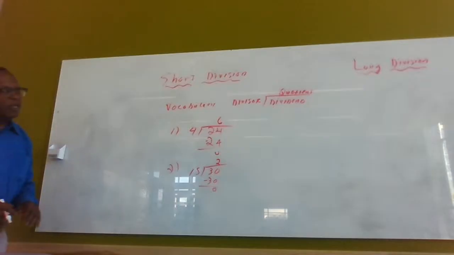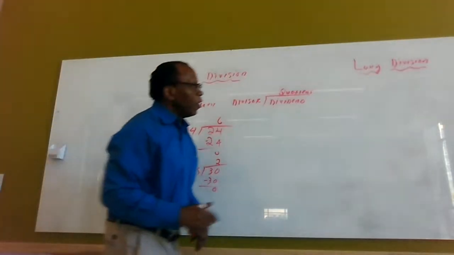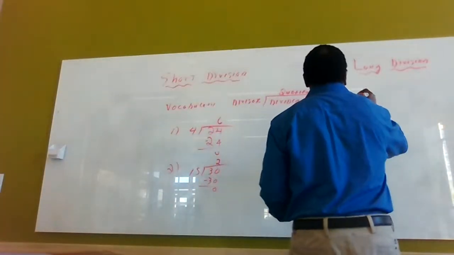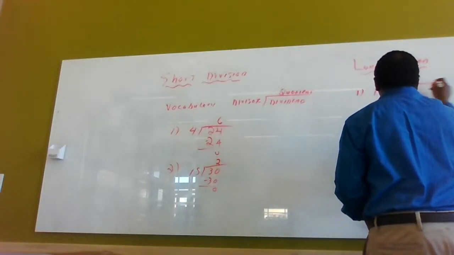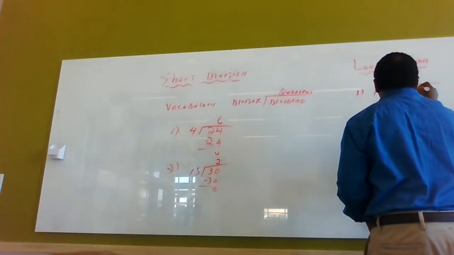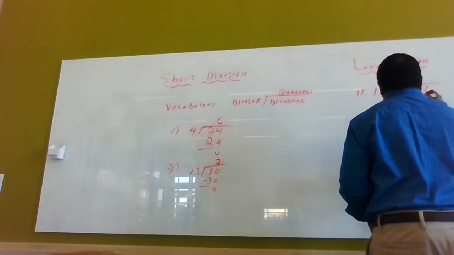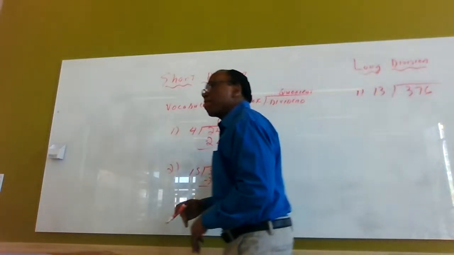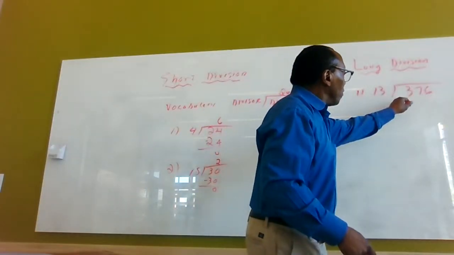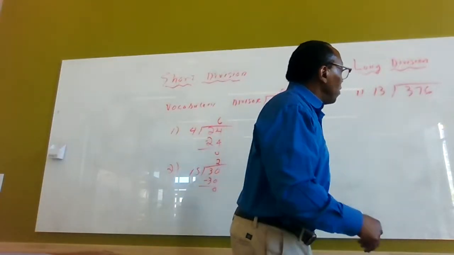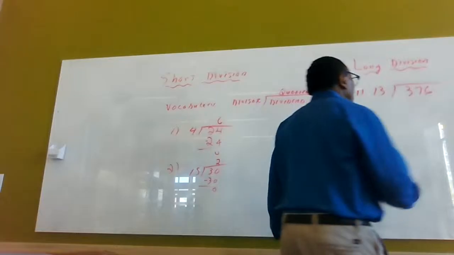Okay. Now, let's look at some long division, for example. So I have a big number like this. All right. Now, I know that 13 cannot go into 3, but 13 can go into 37. Let's say about 2 times. So 2 times 13 is 26.